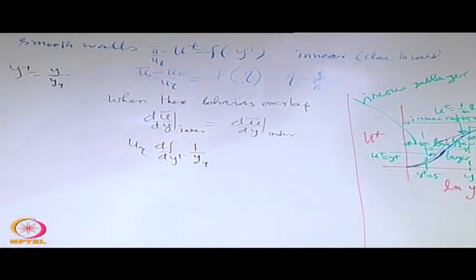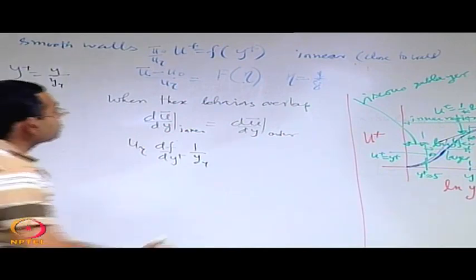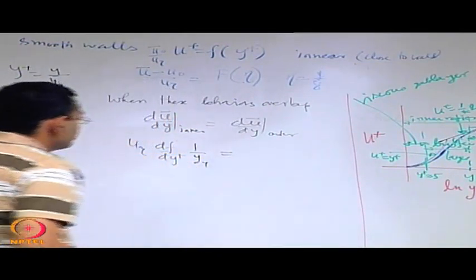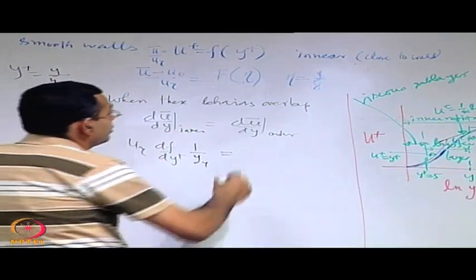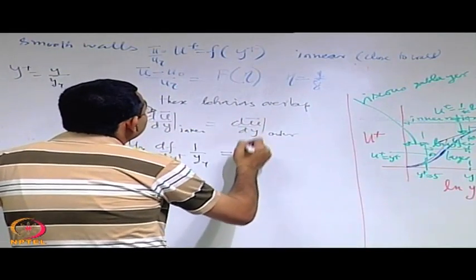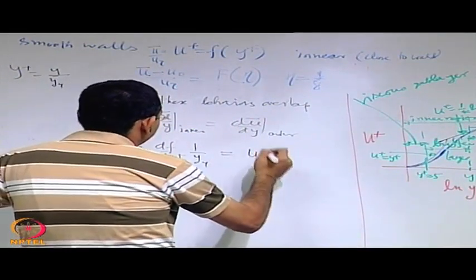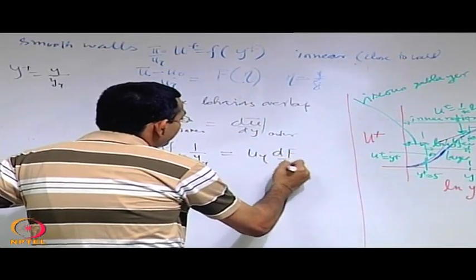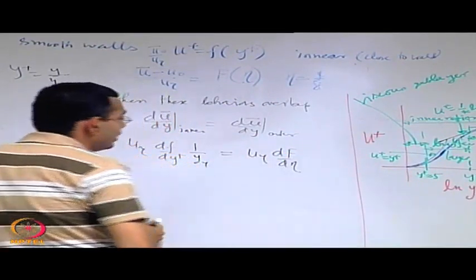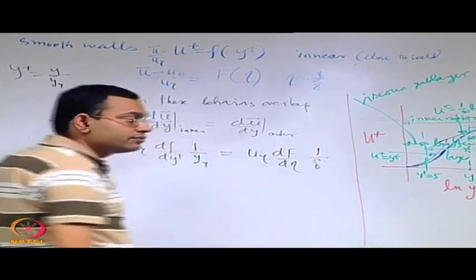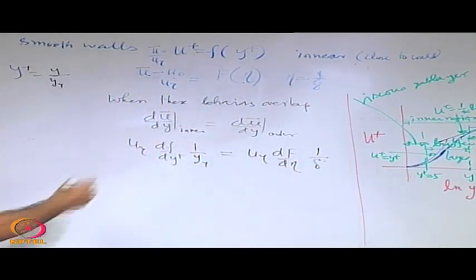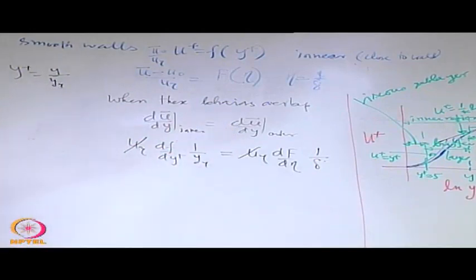What is du/dy at the outer? u tau into df/d eta into d eta/dy, and d eta/dy is 1 by delta. So you may cancel these from both sides.